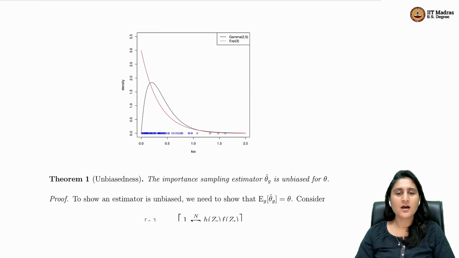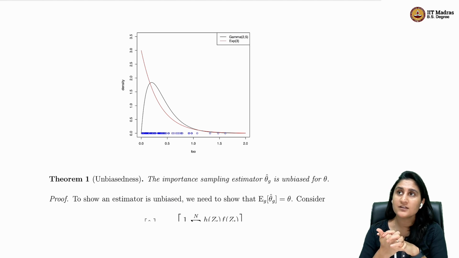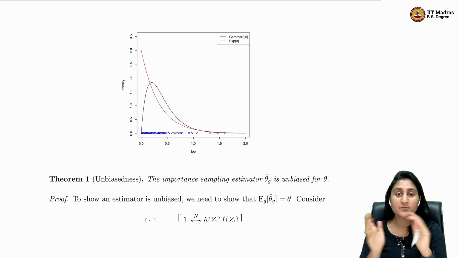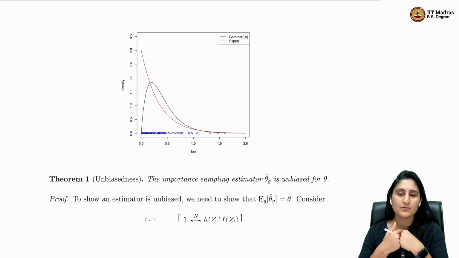Okay, we've done an example now. So now the question is, what kind of properties does the importance sampling estimator have? We constructed an estimator of theta in the very beginning of the last video using just simple Monte Carlo. And we motivated that there may be a way of doing better than simple Monte Carlo, which is why we started looking at importance sampling.